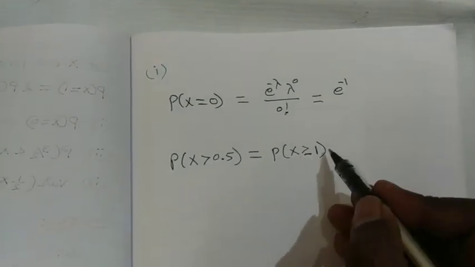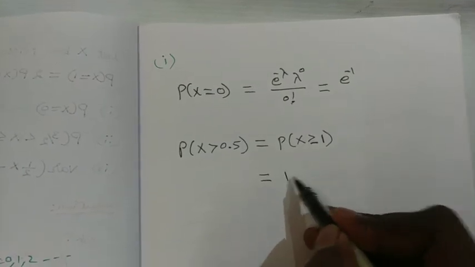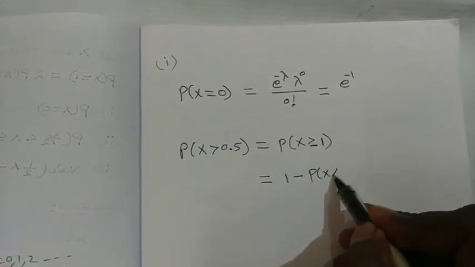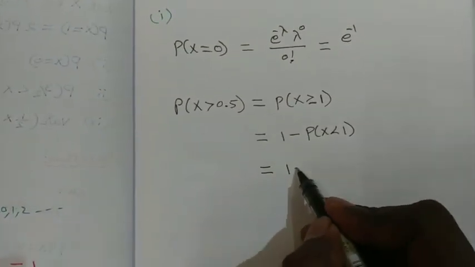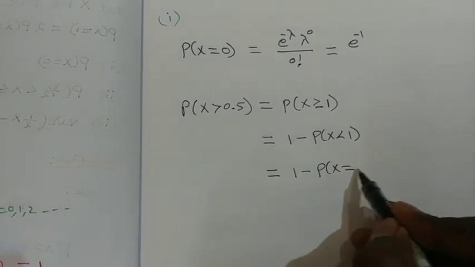So X ≥ 1 can be written as 1 − P(X < 1). In the range less than 1 there is only 0. Therefore, it is 1 − P(X = 0).